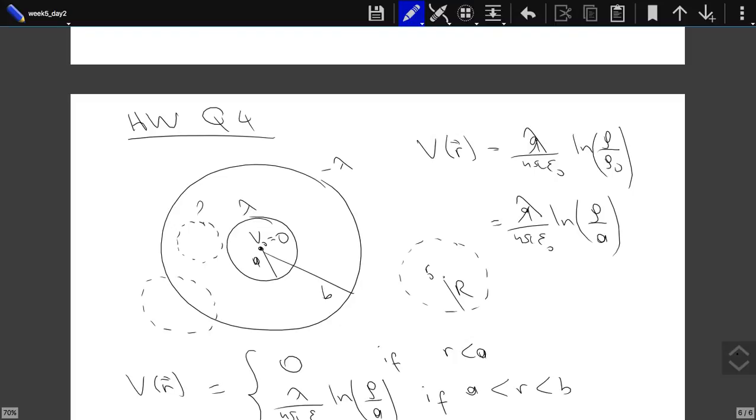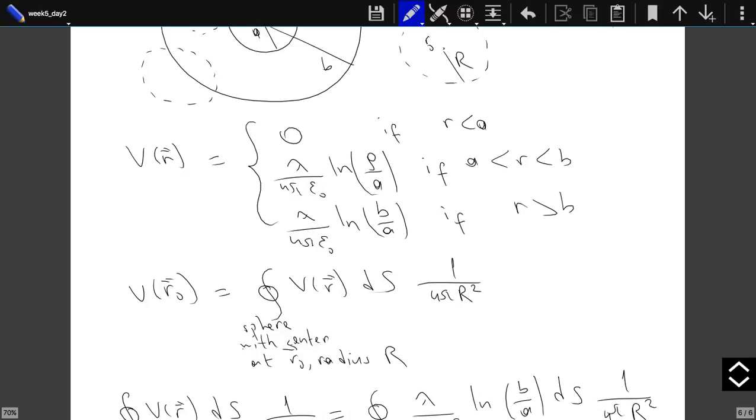It doesn't satisfy it along this line. So if you integrate your potential over this surface, you won't get the value. The average will not be equal to the value at the center of the surface, because it doesn't satisfy the Laplace equation.